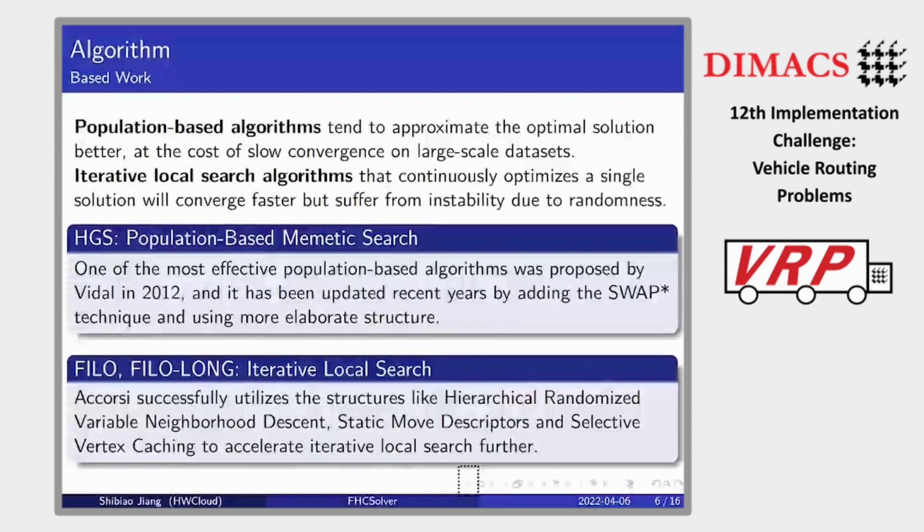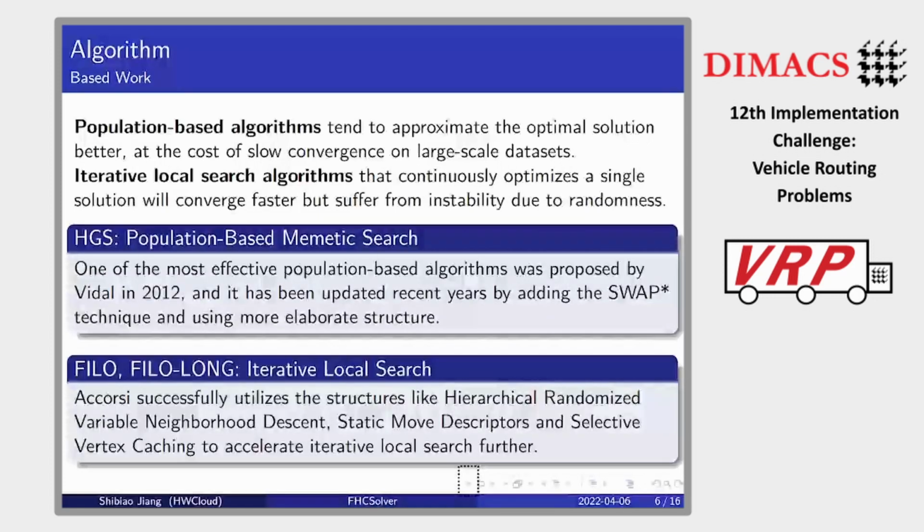We focus on 2 types of heuristic algorithms, the population-based and the iterative local search. The former usually gets a good performance at the cost of slow convergence on large-scale datasets.